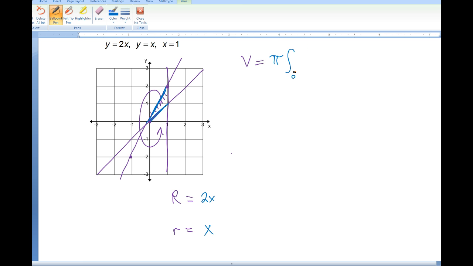And where does it stop? It stops at 1. So x equals 1 is actually just going to be the upper bound of the region that's shaded there. And then what do we have? It's going to be big R squared, so (2x) squared, minus just x squared.